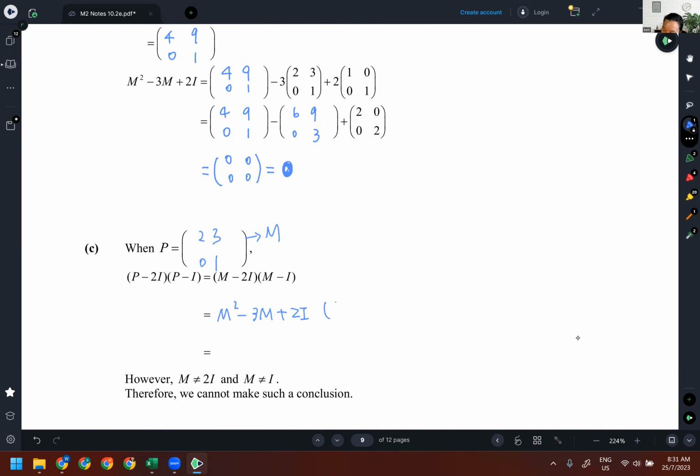This is from part A, where we already proved that this expansion is equal to this. And by part B, we already know that this is the zero matrix.